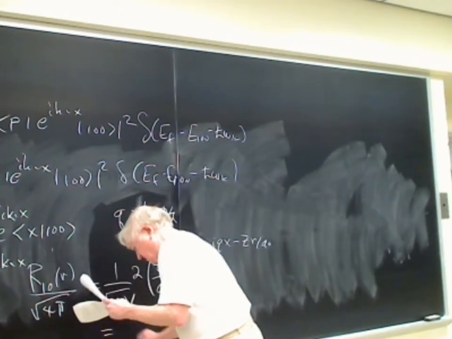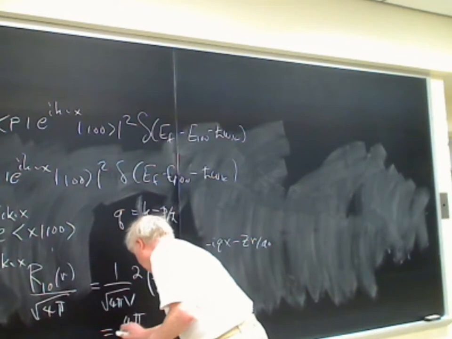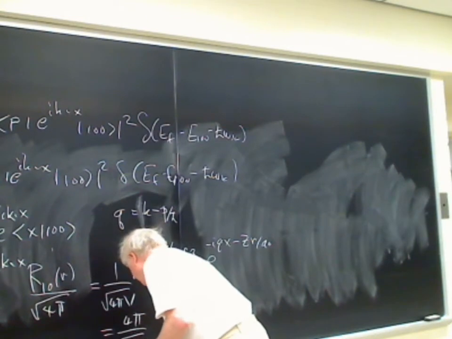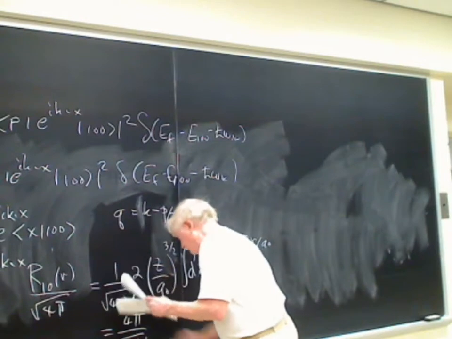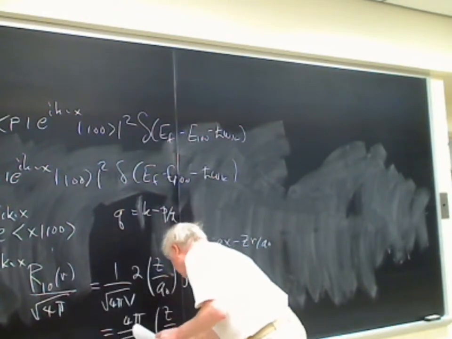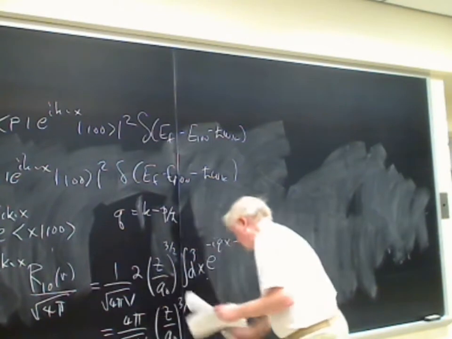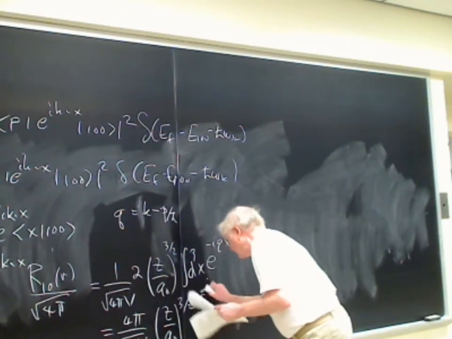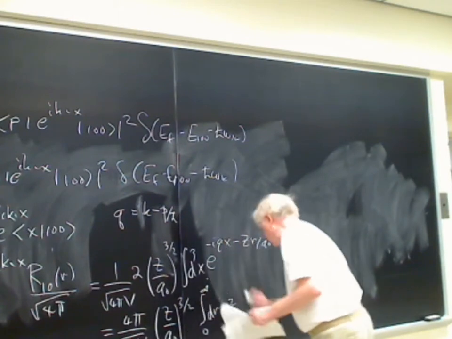So this is then 4 pi over the square root of 4 pi v. Cancel the 4 pi's. Z over A0 to the 3 halves. Now we're integrating 0 to infinity dr r squared, that's the volume integral.